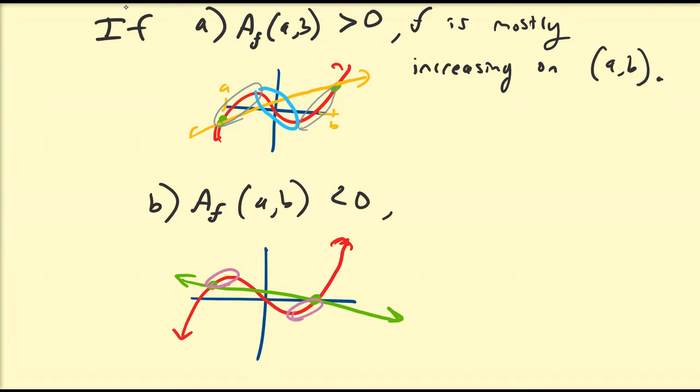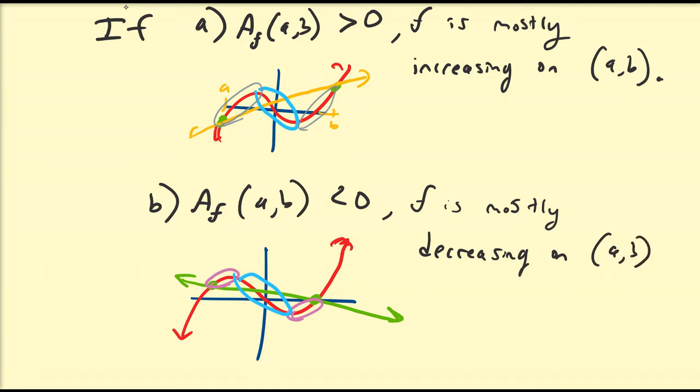Namely, the increasing regions are there and the decreasing region is here. And at least by this picture, you may be able to see that the function is mostly decreasing on this interval, and that is tied to the average rate of change of this function, or the slope of this green line. So if the average rate of change of f on a b is negative, then f is mostly decreasing on the interval a comma b.